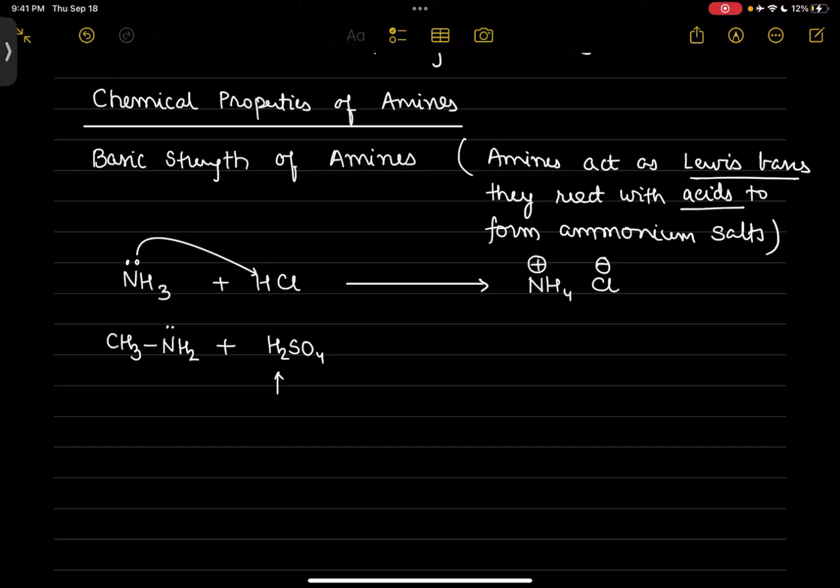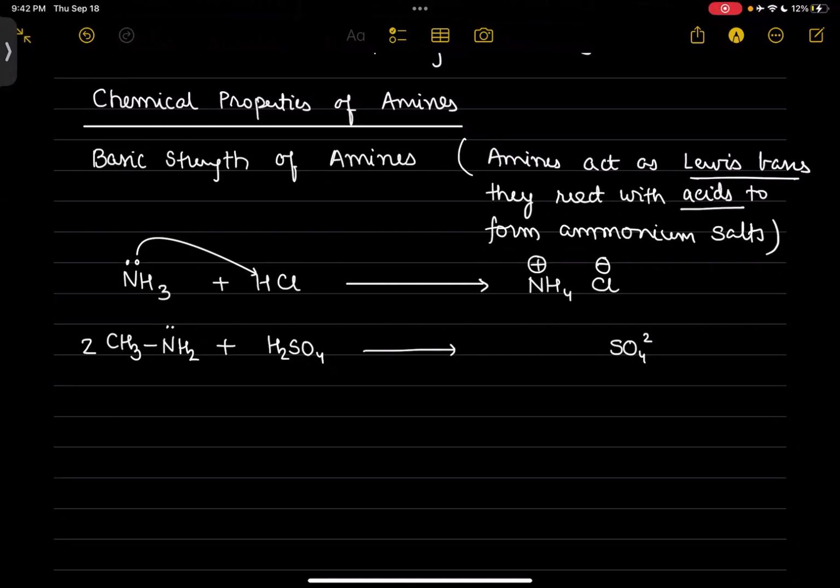Yeah, Aisha, Marwa, tell me. How many moles of amines are needed? One NH2 can accept one H plus. Got it? So I need two of them. Is it clear? Yes. So two of them, and we are going to get this salt.